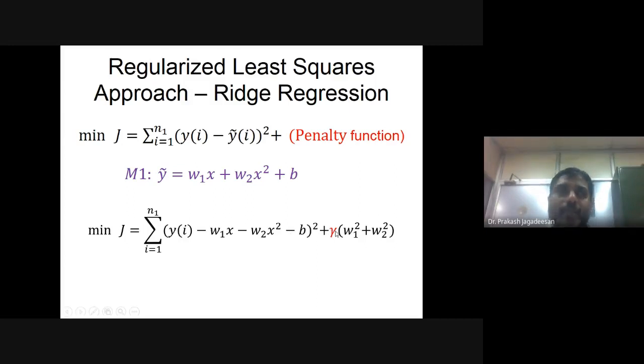One can estimate this hyperparameter using cross validation, 5-fold or 10-fold cross validation. So W1, W2, B are called parameters. Gamma is a hyperparameter. Through cross validation, we will find the optimal value of the hyperparameter, here gamma. The model structure is the same, but in the objective function, I've added the term gamma times W1 squared plus W2 squared.